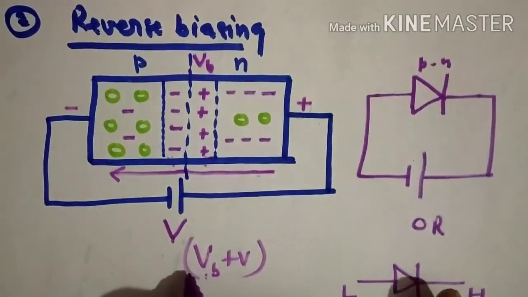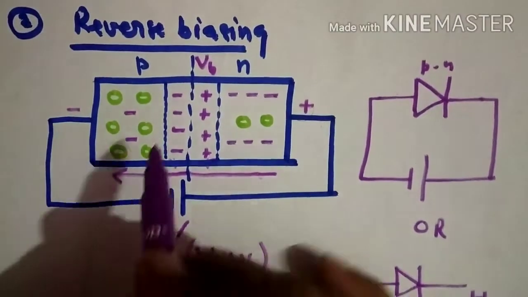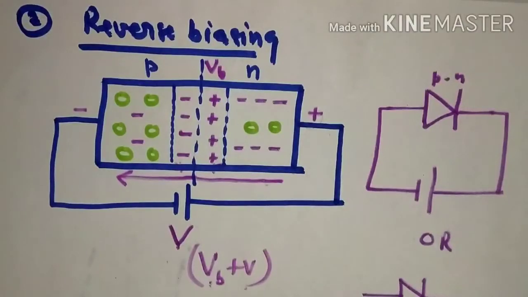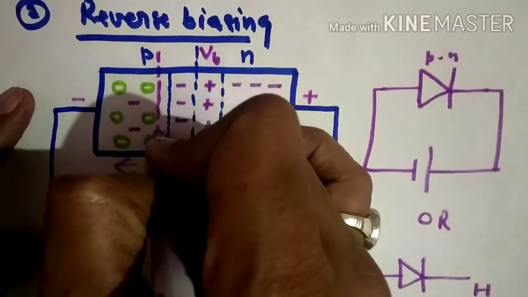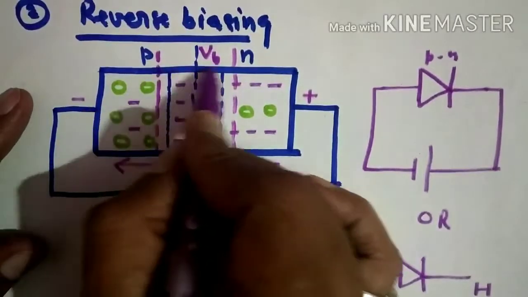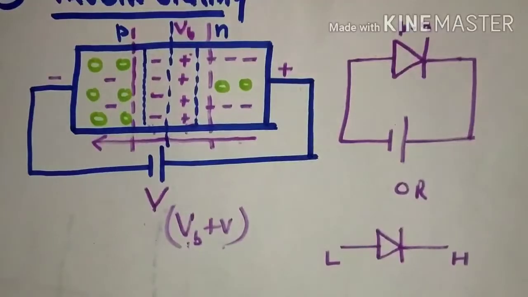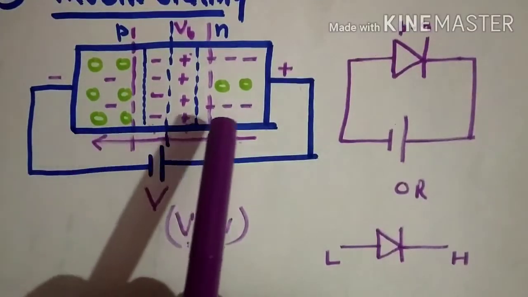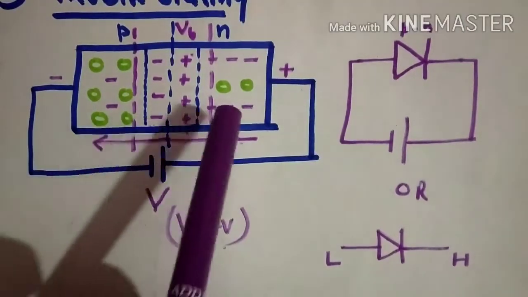So the effective potential drop across the depletion layer increases. It means that the width of the depletion layer has increased from this one to this much. Due to the increase in the width of the depletion layer, the diffusion of majority current carriers stops completely, and that's why no current passes through the diode.